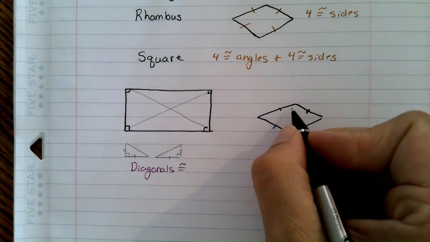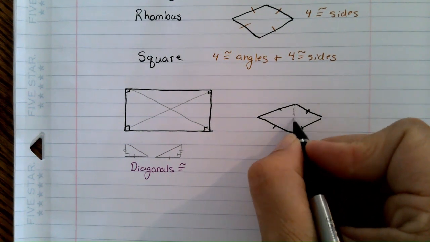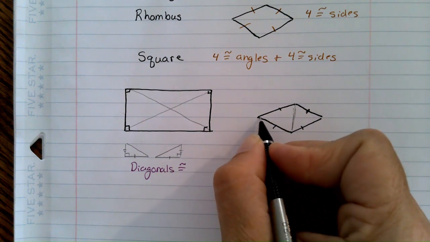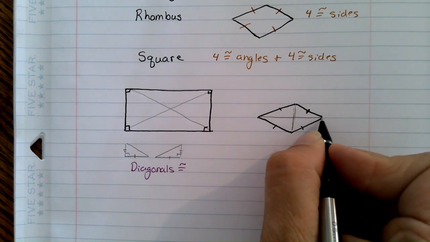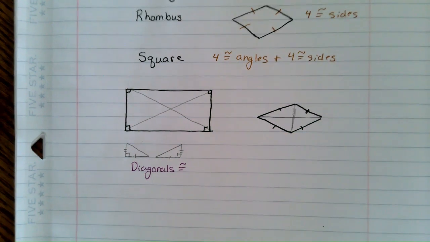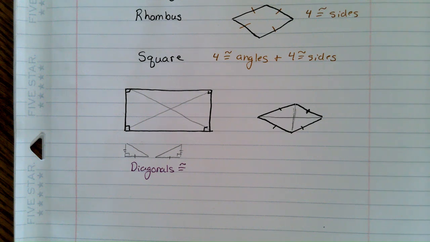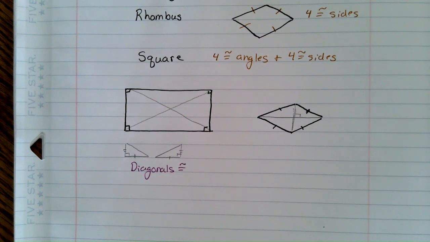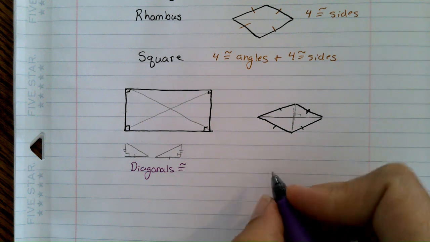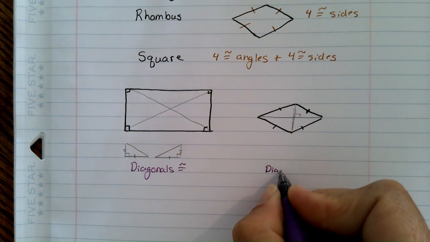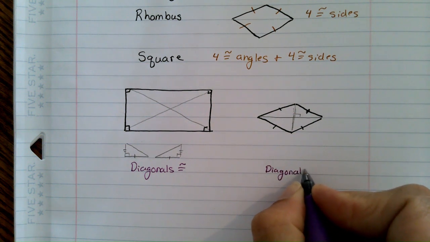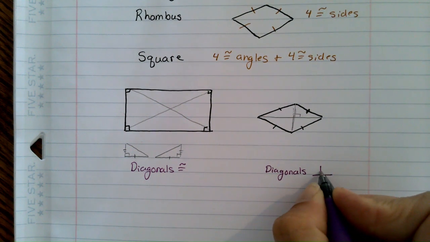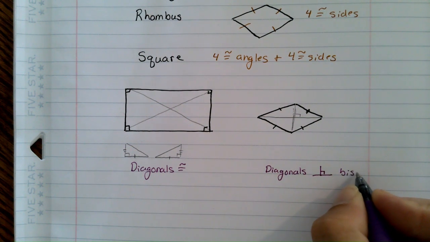However, we can clearly see that these diagonals are not congruent. However, these diagonals are perpendicular. So in a rhombus, the diagonals are perpendicular, and of course they're still bisectors.